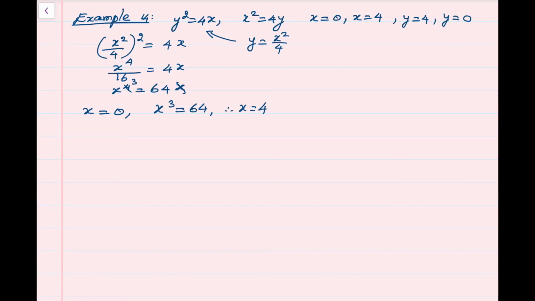If x is 0, y is x square divided by 4, which is 0. If x is 4, y is x square divided by 4, which is 16 by 4, 4. Therefore, the points of intersection are 0, 0 and 4, 4.